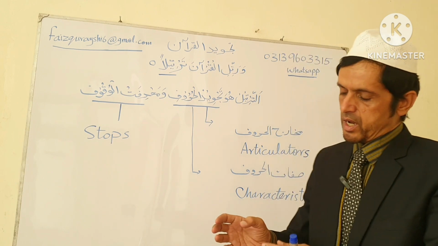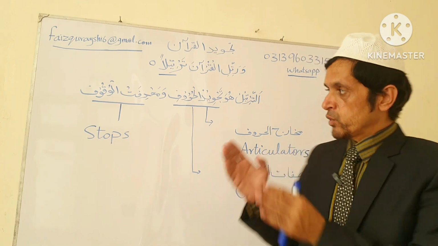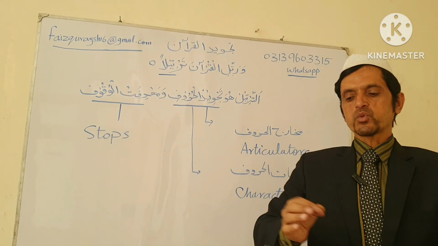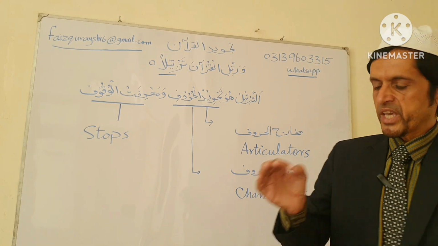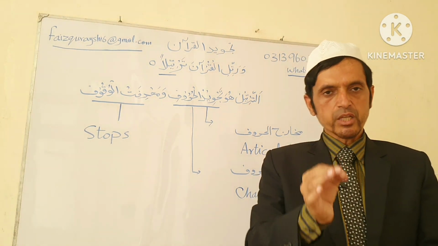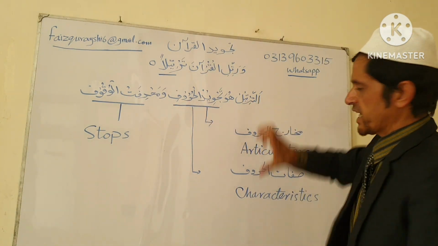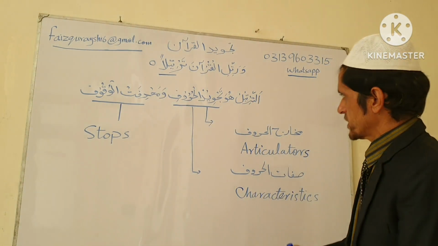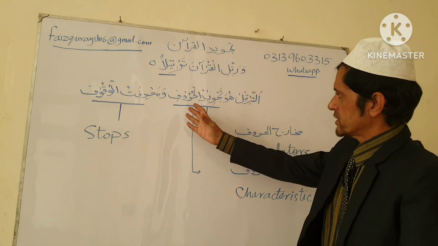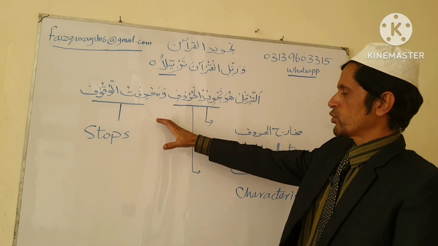You cannot stop everywhere. We have certain places when we read the Holy Quran, and we are supposed to stop on those certain places. So these two things are taught in Tajweedul Huruf wa Ma'rifatul Wuquf.